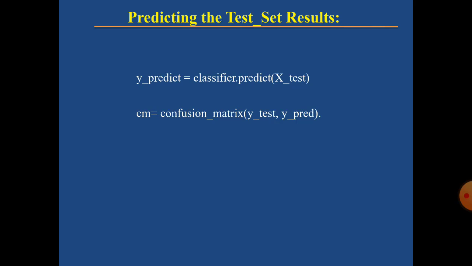If out of four times he answers 4 times correctly, his prediction is 100% correct, because we have trained him and we are testing him. If he says only 2 correct and 2 wrong, his accuracy is only 50%. If he says 3 correct and 1 wrong, his accuracy is 75%. Like that, here also we are testing and predicting the result.